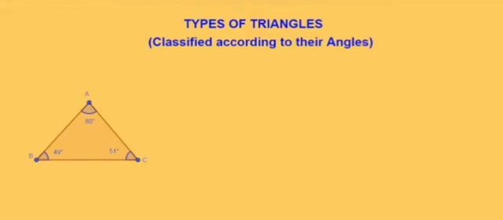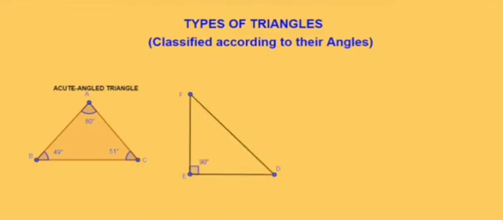So if all the angles of a triangle are less than 90 degrees and it is acute, then we can say they are acute angled triangle. Okay, these types of triangles are called acute angled triangle if all the angles are less than 90 degrees. Okay, next let us see another triangle.